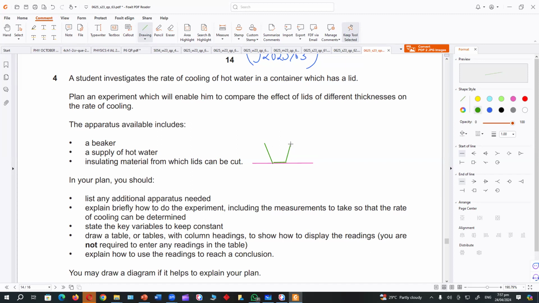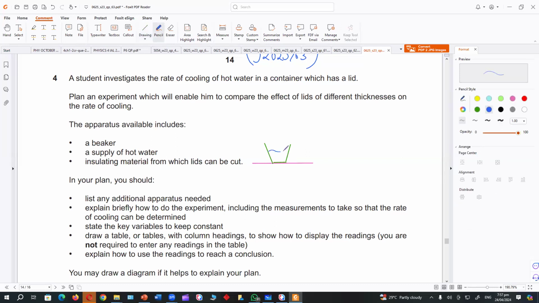So this is my beaker, this is my container, and I have to put lids of different types, and it contains the hot water. I will take the lid.